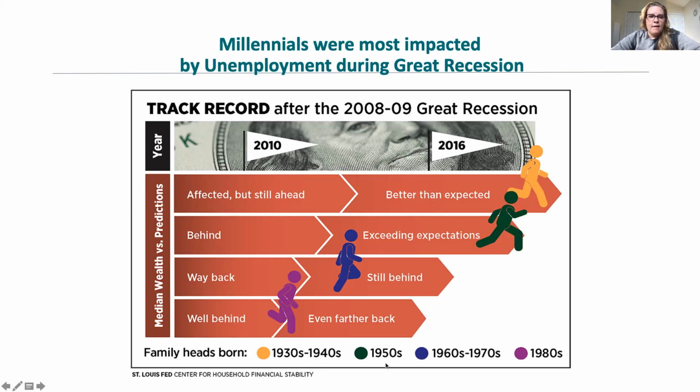People born in the 1950s and 60s, known as the boomers, lagged behind, but eventually they were able to make up for those differences by maintaining employment in the long run. The generation just ahead of mine, Gen X, were pretty hard hit by the unemployment during the Great Recession, and they still lag behind to this day.